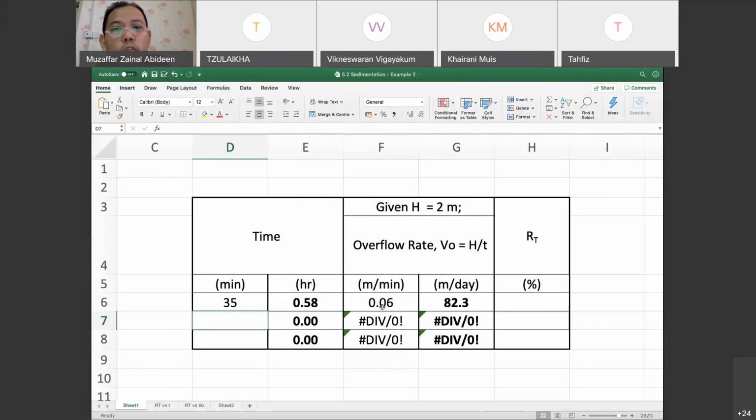I changed the unit to meters per day; this one is meters per minute. So in meters per day it is 82.3 meters. With that, we have already obtained those values. And then the next step is to find out the RT, the overall removal at T equal to 35 minutes.